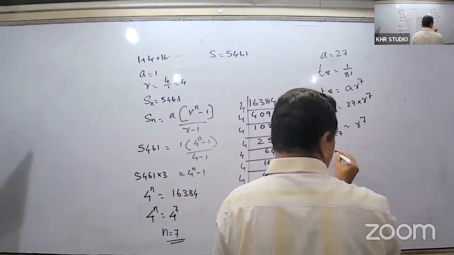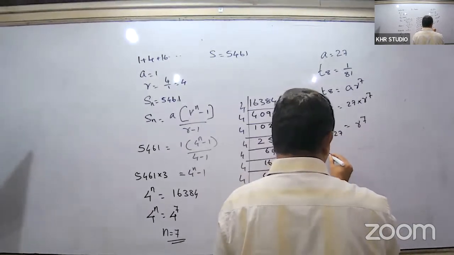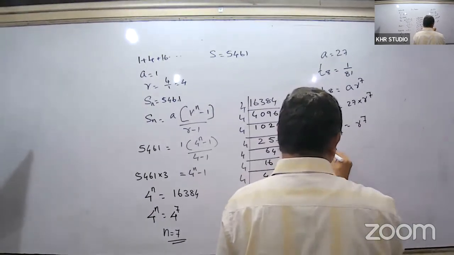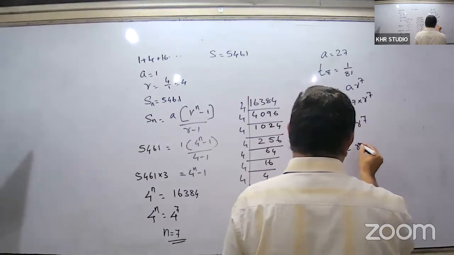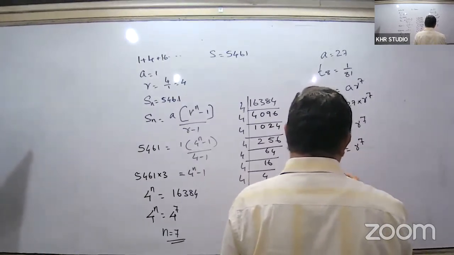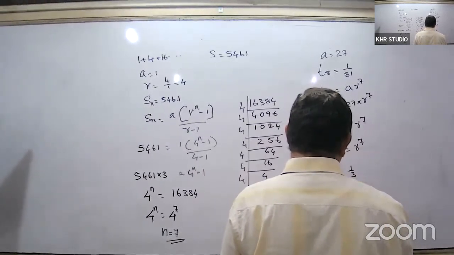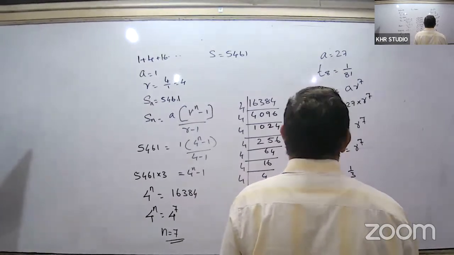This is 3 raised to 4 and 3 raised to 3. So 1 upon 3 raised to 7. So R is equal to 1 by 3. N is equal to 10.